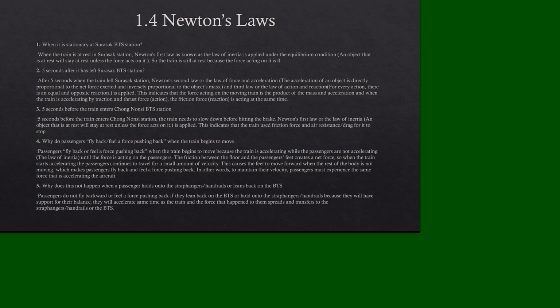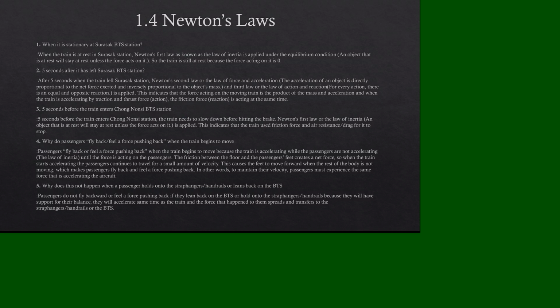Number 4. Why do passengers fly back or feel a force pushing them back when the train begins to move? The answer is that the train is accelerating, but the passengers are not accelerating, which is the law of inertia, until a force acts on the passenger.